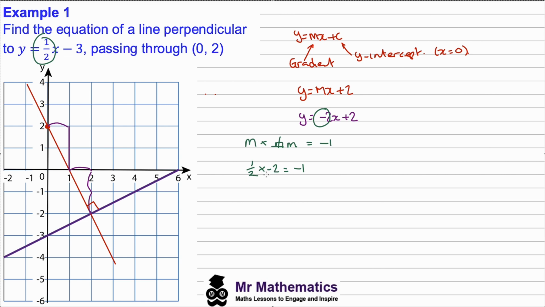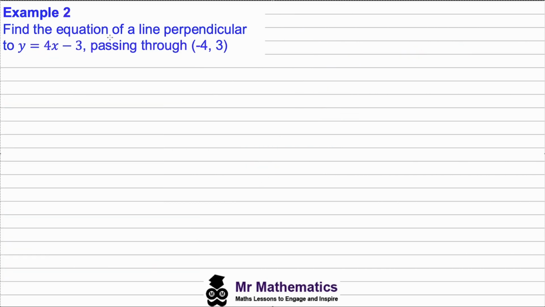So if we look at example 2, we've been asked to find the equation of a line that is perpendicular to y equals 4x minus 3 and passing through negative 4, 3. So I find it really helpful to draw a quick sketch. So we've got the line y equals 4x minus 3. This will be the y-intercept.